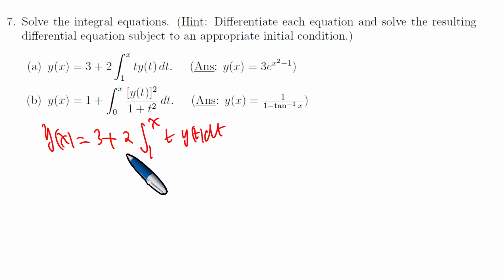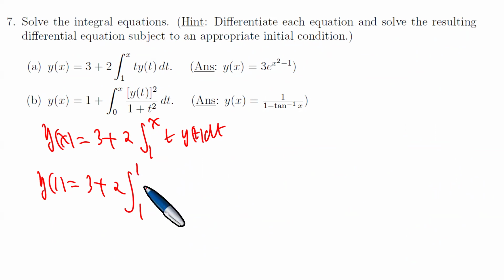There are many initial conditions you can give, but the easiest one is this. Can x be 2? Potentially, yes. Can x be 100? Yes. Why would you choose x equal to 1? Now you have 3 plus 2 times the integral from 1 to 1 of t y of t dt. When you integrate from 1 to 1, it doesn't matter what this integral is. You're integrating from one number to the same number, so this thing is going to become 0 ultimately.